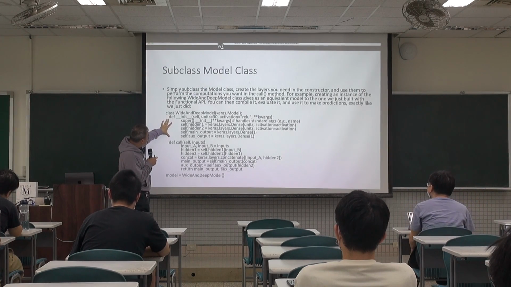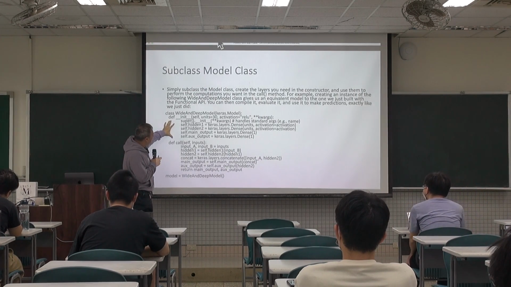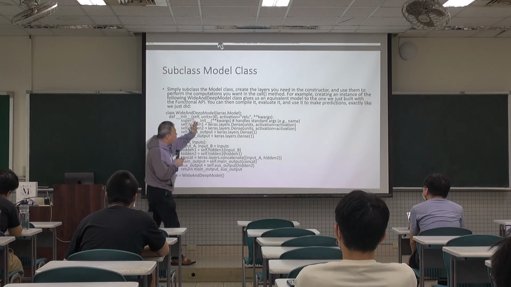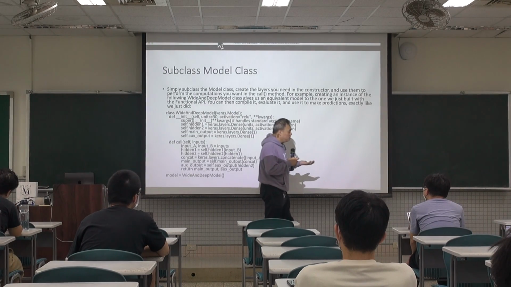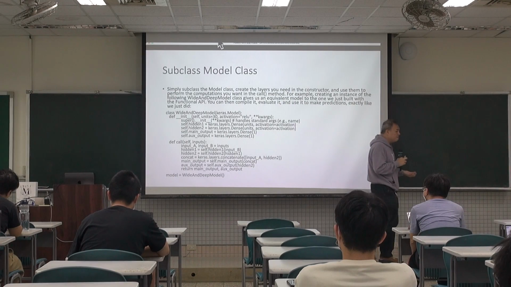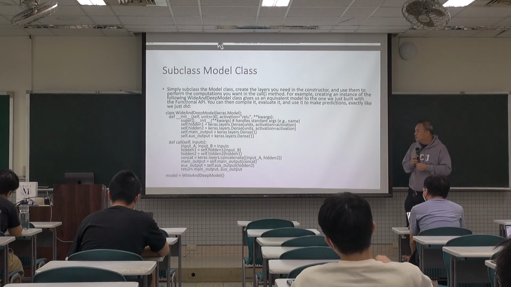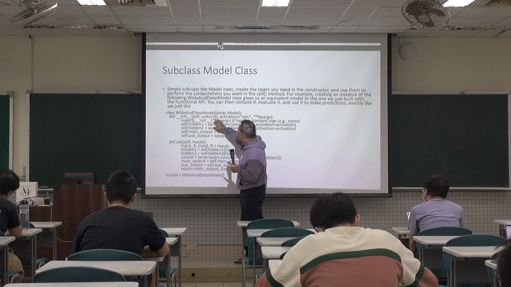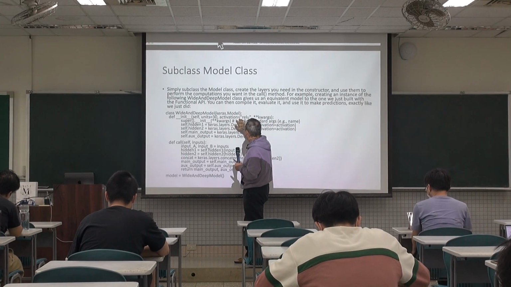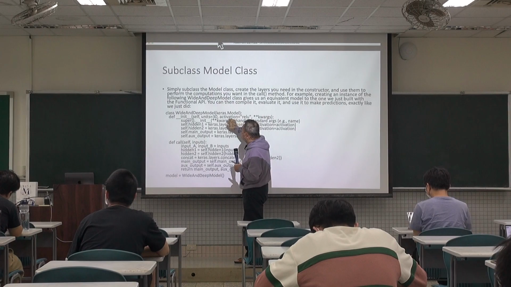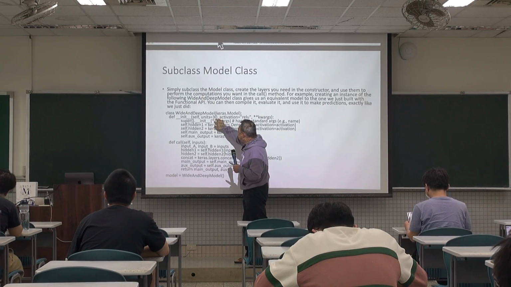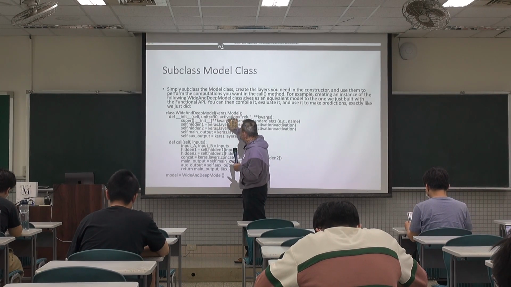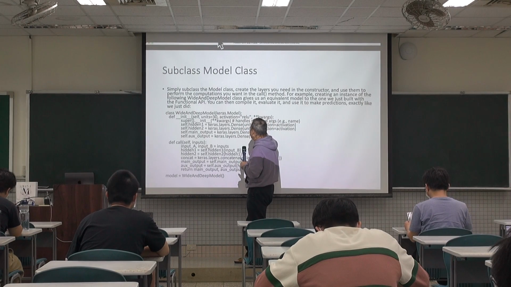In the init, pretty much you specify what layers you have in your model. You can see that we have, for example, 30 neurons with ReLU activation.